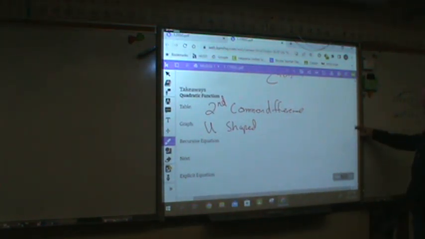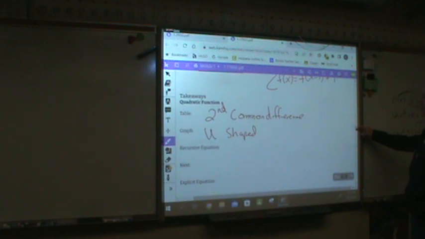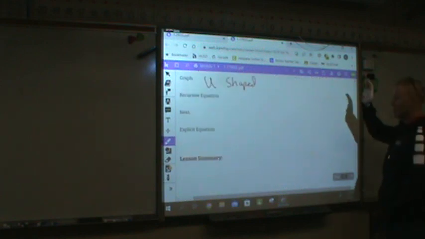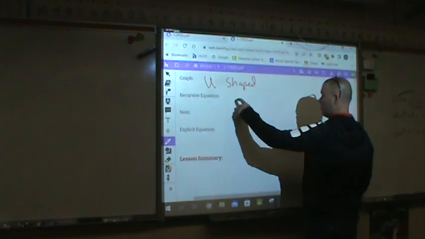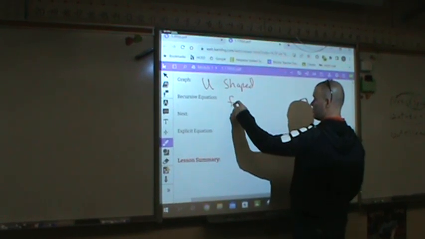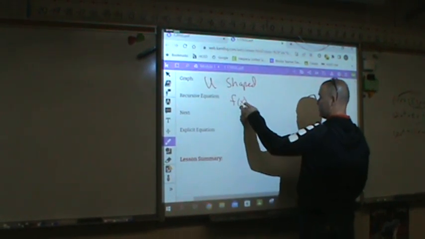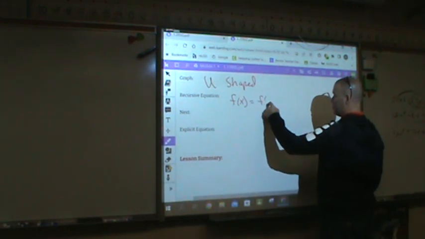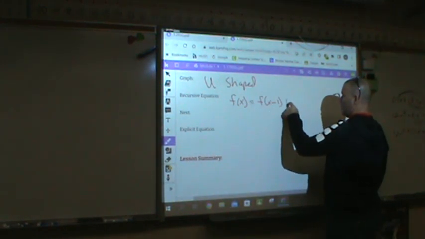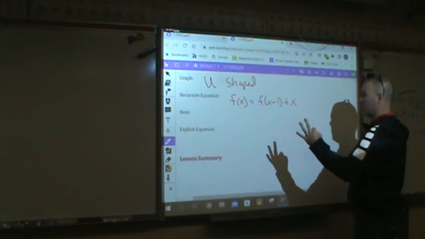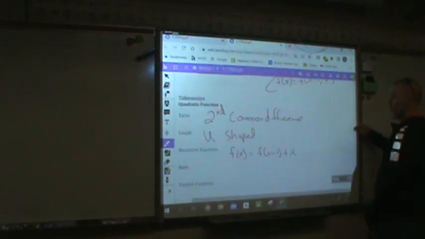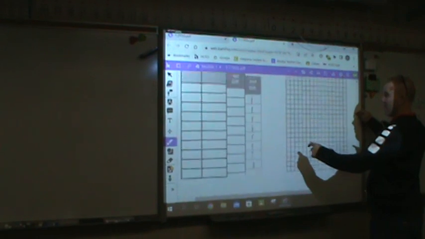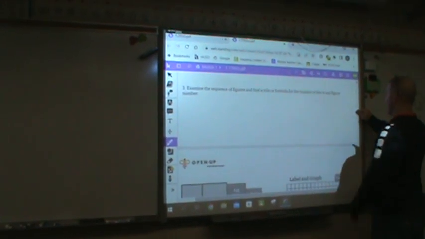The recursive equation, we're going to base off of our information from the quadratic function, which should be f of x. And here's where I'm going to write this differently. f of x is equal to f of x minus 1 plus x. That's straight out of question number 3 in the notes. If you go back, it's straight out of this question right here.